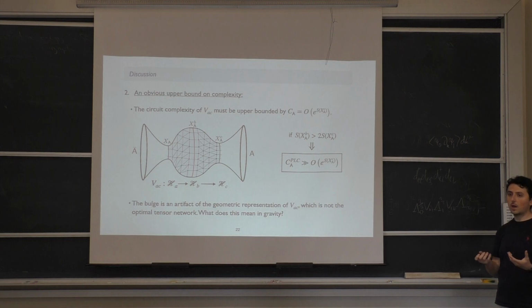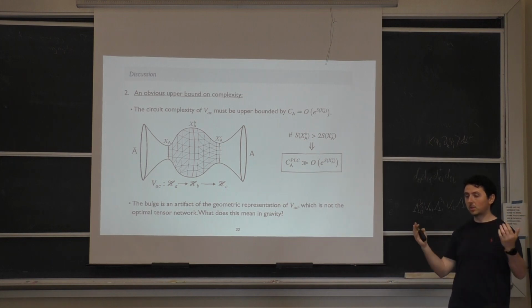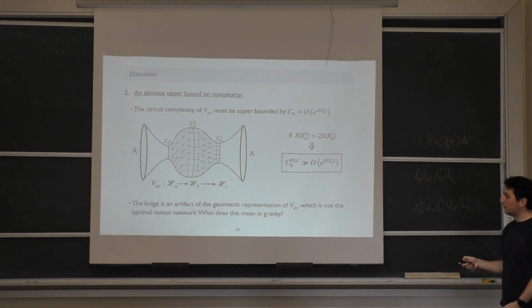And contrary to what happens with exponentially complex states without a Python, like for instance the state of a two-sided black hole at exponentially long times, these situations can be easily manufactured by adding a bunch of matter here, which makes this bulge larger than some factor times the area of the constriction.